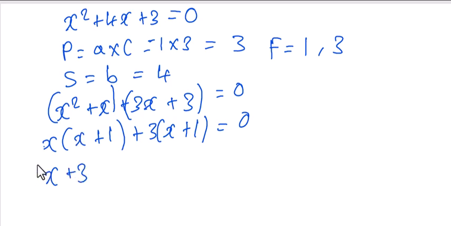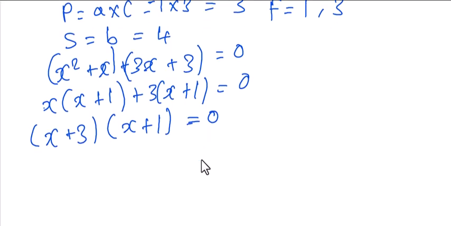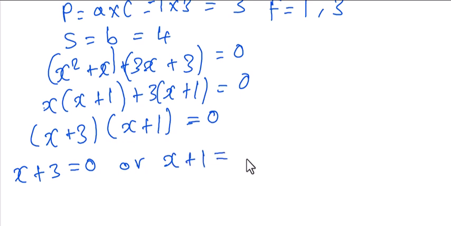So x plus 3 equals 0, or x plus 1 equals 0. Therefore x is equals to negative 3, or x is equals to negative 1.